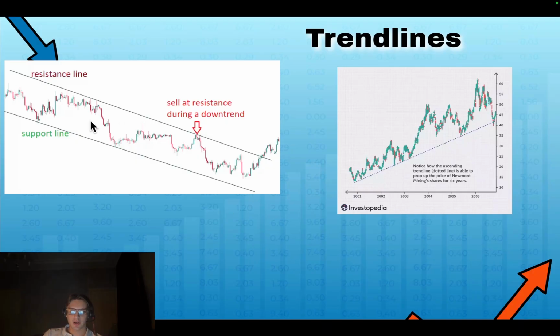And here, if you have at least 2 points where the price could not break through, so for example here and here, you can already make a trend line that will indicate future prices, future movements.